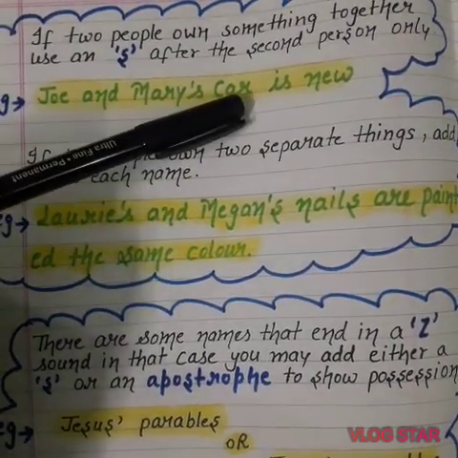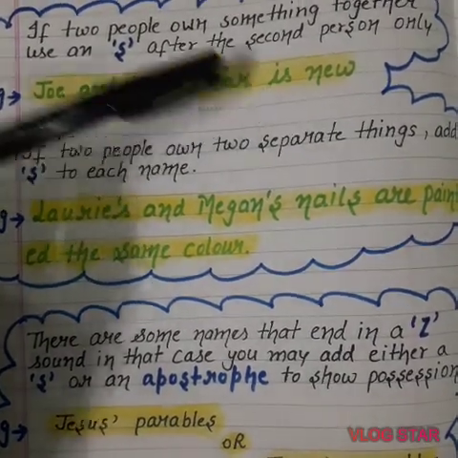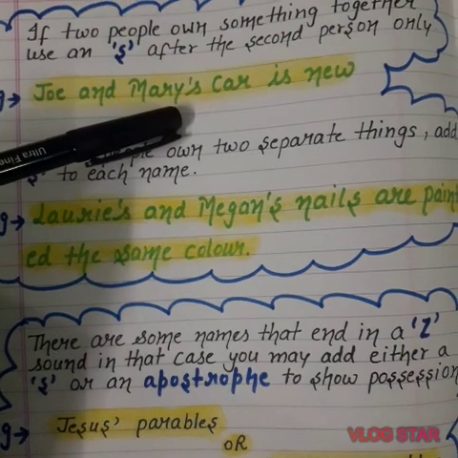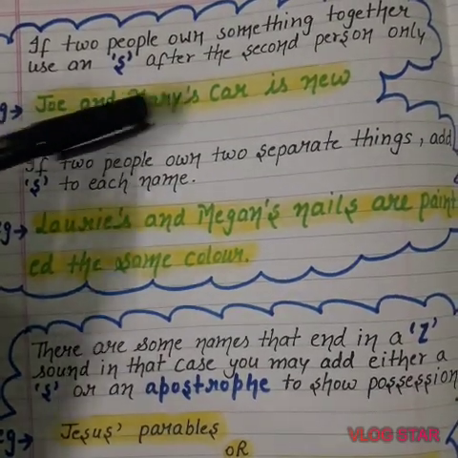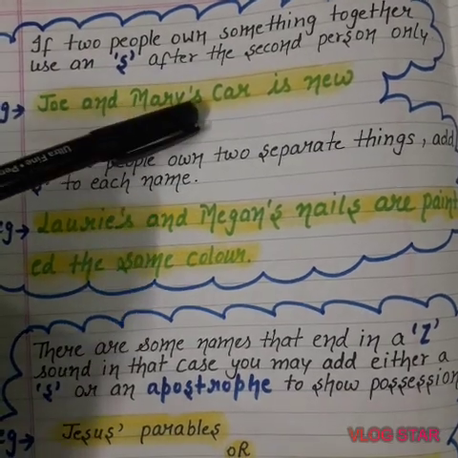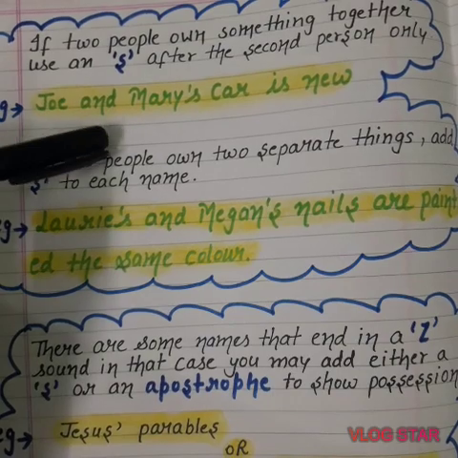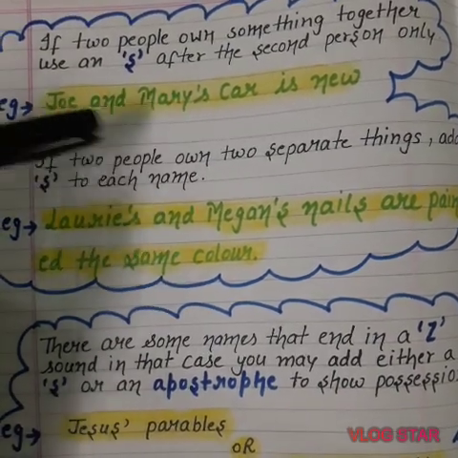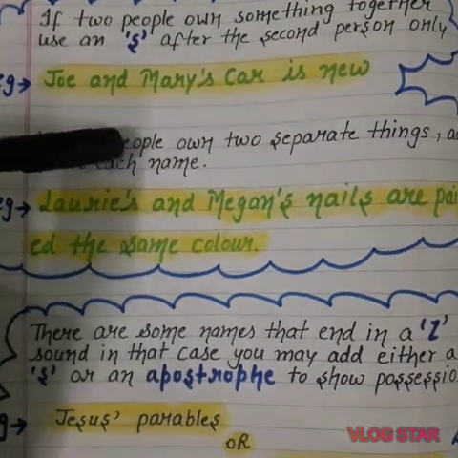One car is there but two owners. Joe and Mary जो हैं वो उस कार के owner हैं. Don't write Joe's and Mary's, no, because there is a single thing and two people on it. So John and Mary's car is new.